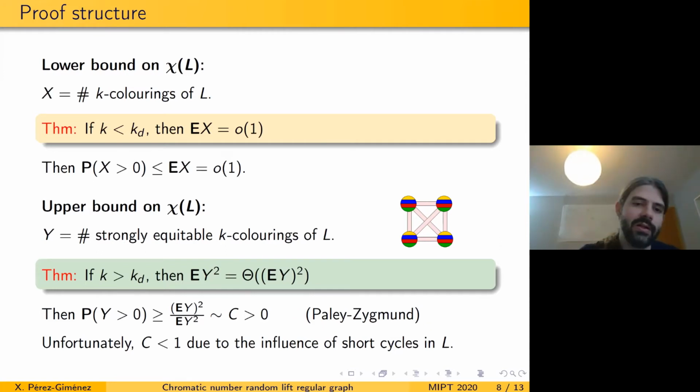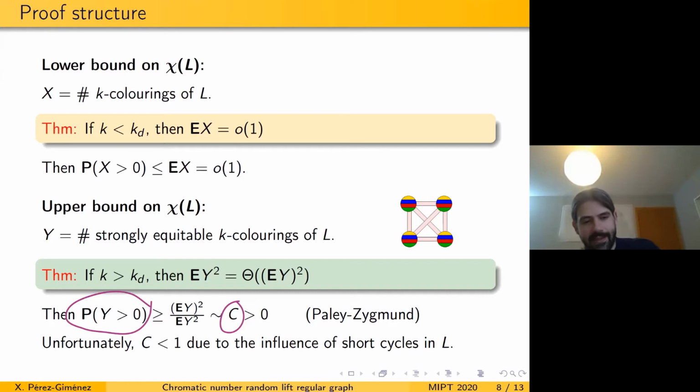It's stronger in our setting, so you can think of this as a variation of applying Chebyshev's inequality, but basically the probability of having a proper coloring of this type is at least this ratio. And we show that it tends to a constant that's non-zero. So we show that the probability of having some K coloring is at least some non-zero constant.